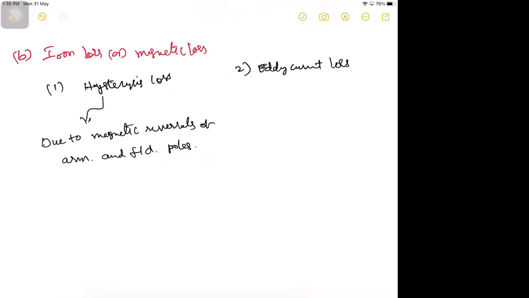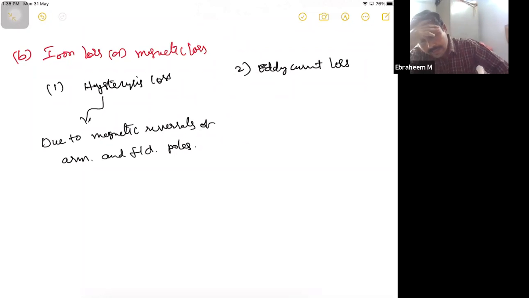Like the iron gets magnetized and demagnetized, like it happens in a cycle. Very good. So it magnetizes and demagnetizes. The magnetic reversal takes place in the iron parts, that's why these are called iron losses.